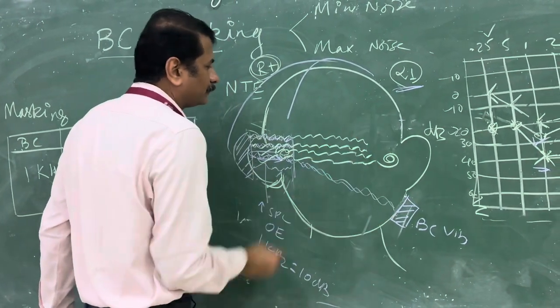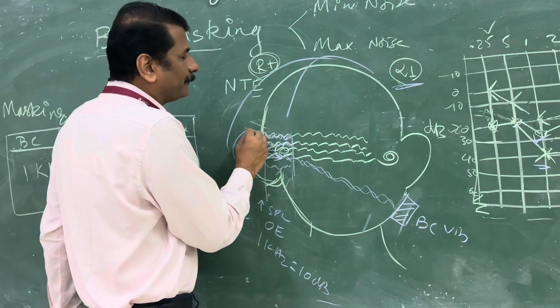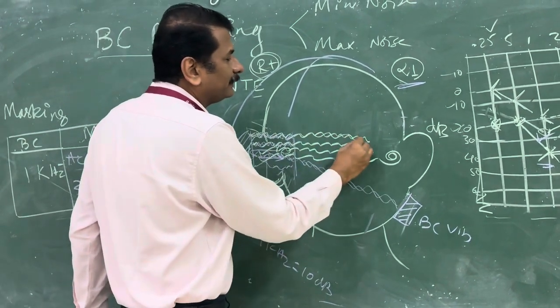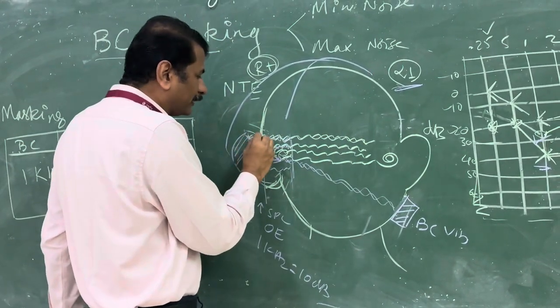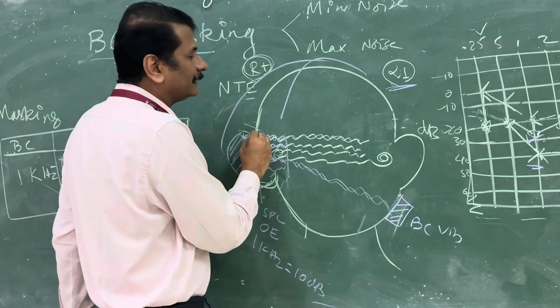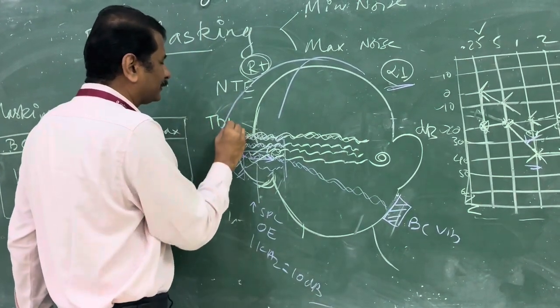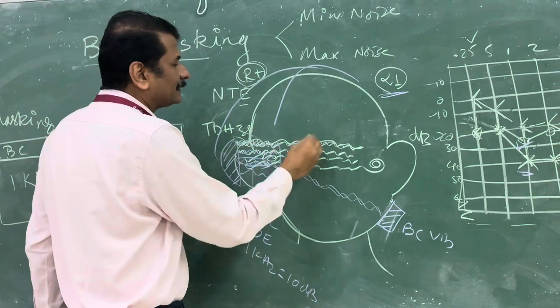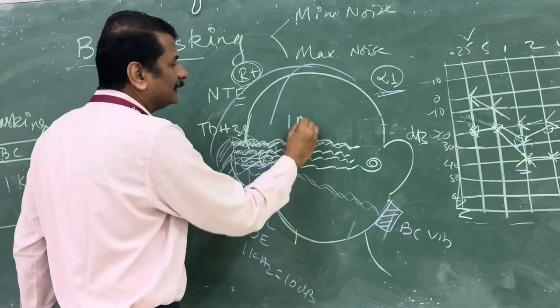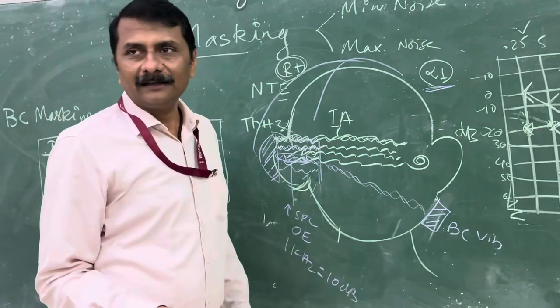So technically the maximum masking noise should be this much, and the amount of noise to reach from this ear through the headphone to the other ear on a TDH39 headphone is how much? This is the IA, correct?